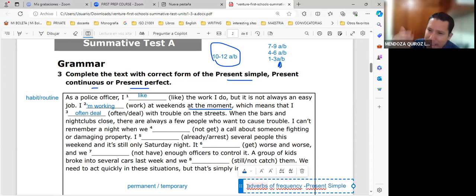In some cases, it can be used with the present perfect, no? I can use the adverbs of frequency with the present perfect. For example, you can say, I have always wanted to travel to Chicago. I have always wanted to travel. But you use the adverbs of frequency with present tenses. Present, yeah? Present. Next one, number 4, Mario.